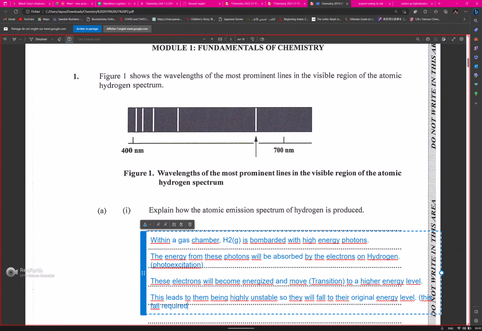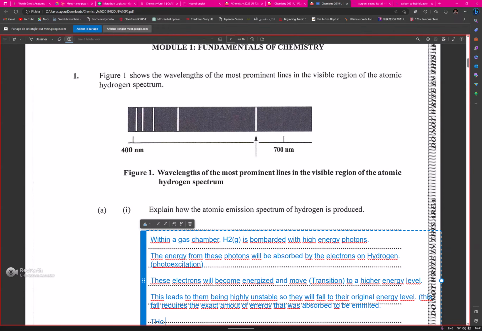This fall requires the exact amount of energy that was absorbed to be emitted.